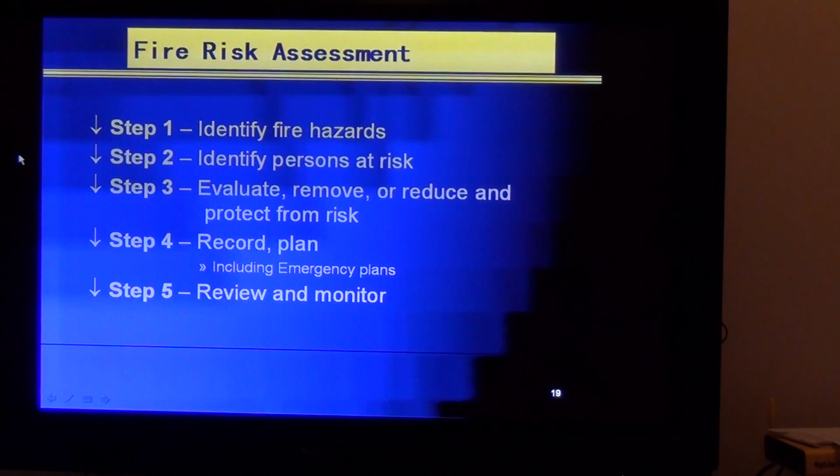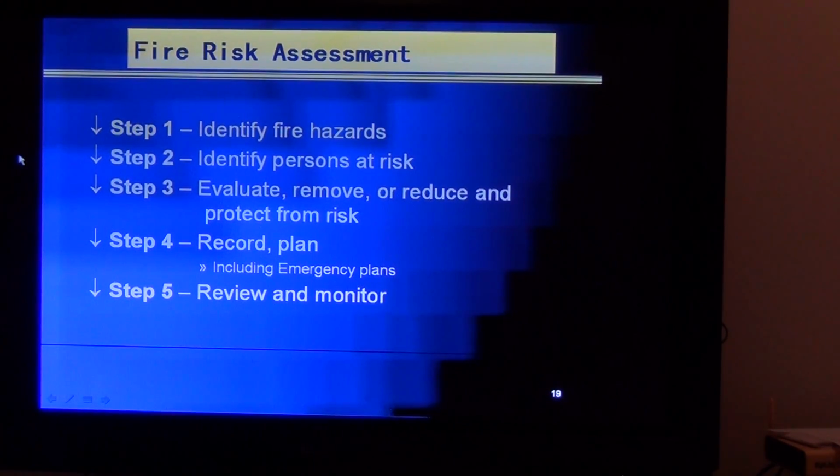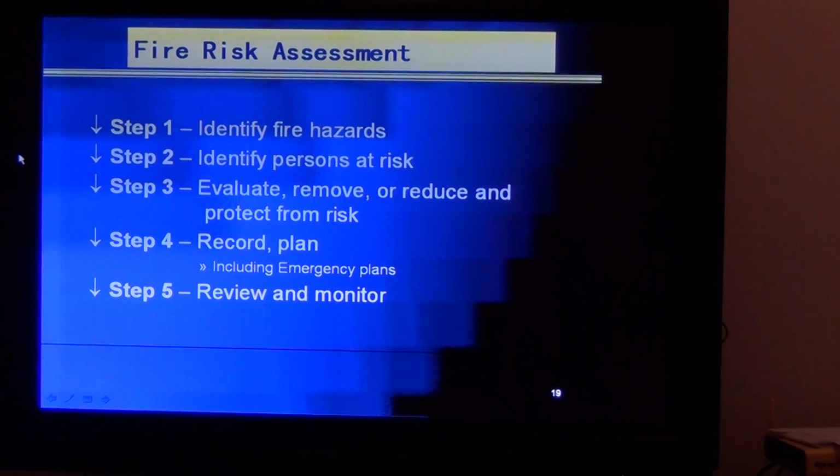Step 3, evaluate, remove, or reduce and protect from risk. So first we know where the hazard is and who will be at risk. Now we should know how to control it. Step 4 is record or plan. And here include the emergency plan.